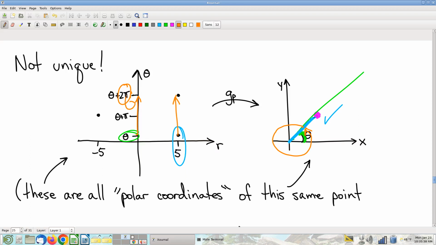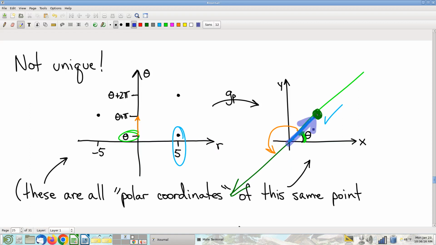And then, of course, there's the other option: instead of adding 2 pi, I could add 1 pi. Let's see what happens if I add 1 pi to the angle. Adding 1 pi to the angle gets me going in exactly the wrong direction. And if I want to end up here, and I'm going exactly the wrong direction, notice I can just go negative in that direction, right?